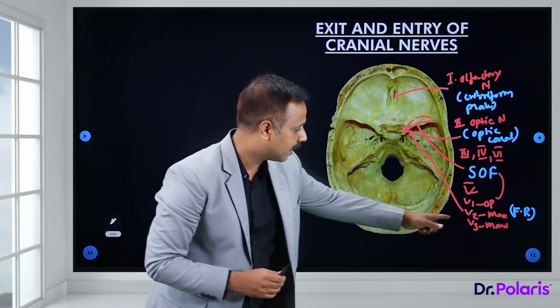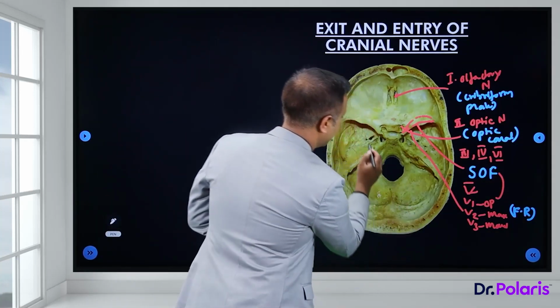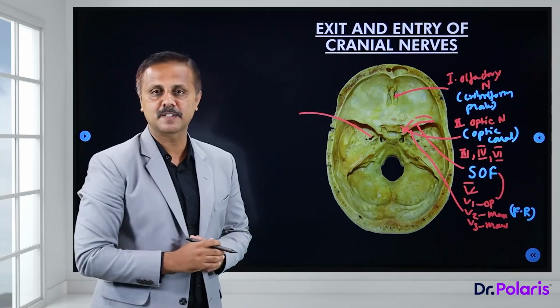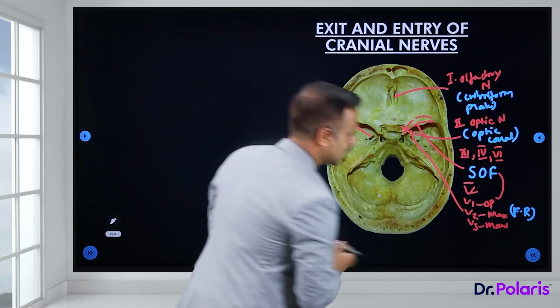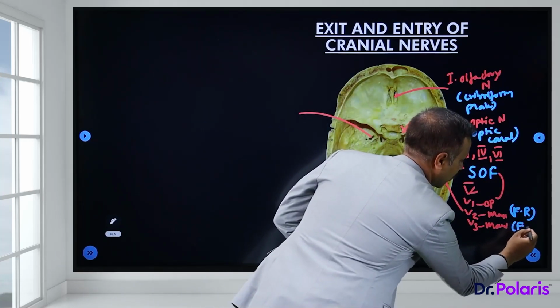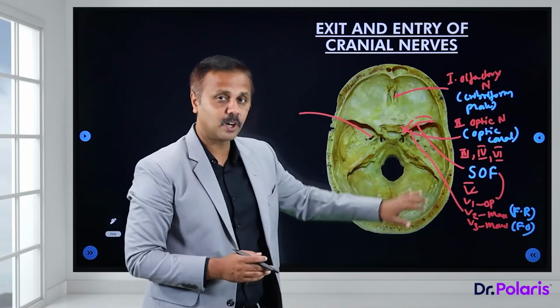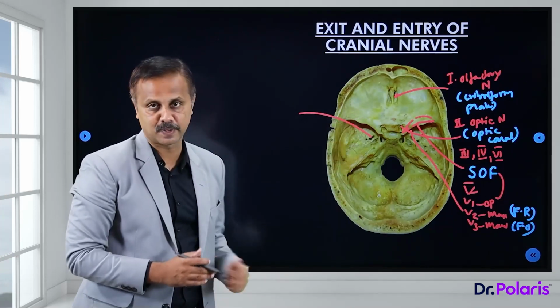Right. Then what about the mandibular nerve? The mandibular nerve, remember, will pass through this foramen. Now, can you tell me what is that foramen? Huge oval-shaped foramen? Yes, that is the foramen ovale. Right? So, the fate of the trigeminal nerve is not like it is passing through a single foramen.